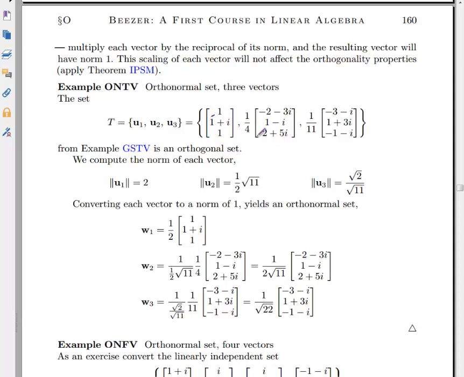If we compute the norm of u1, first you compute the norm of u1 squared. That's the inner product of u1 with itself.